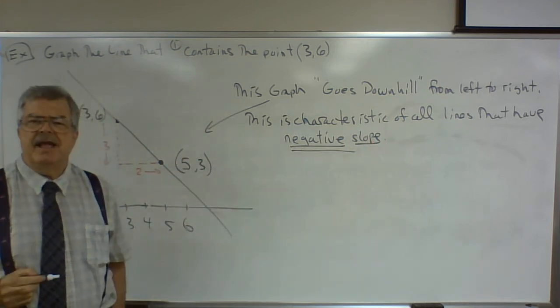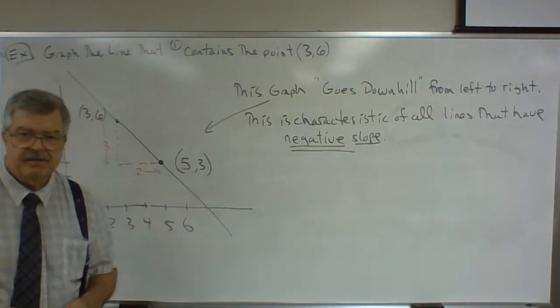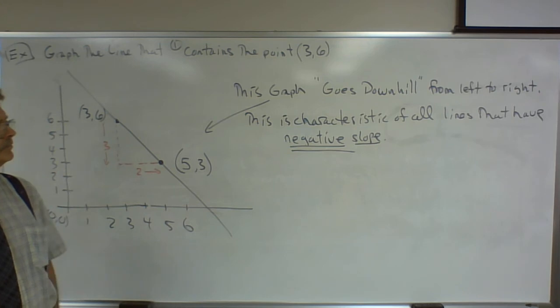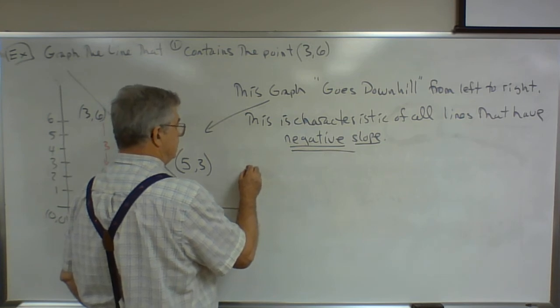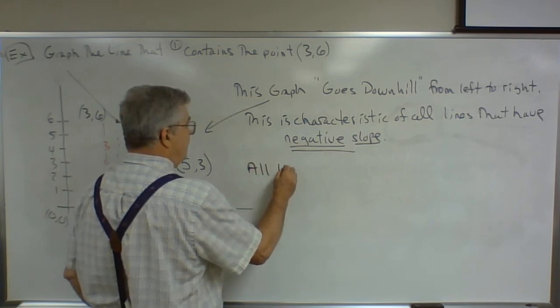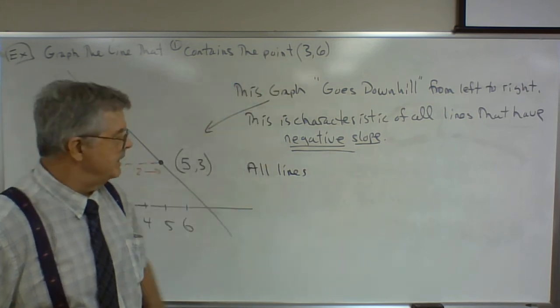Any line that has negative slope goes downhill from left to right. So then what about the graphs that go uphill from left to right?